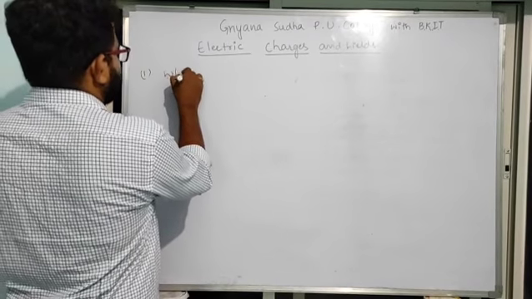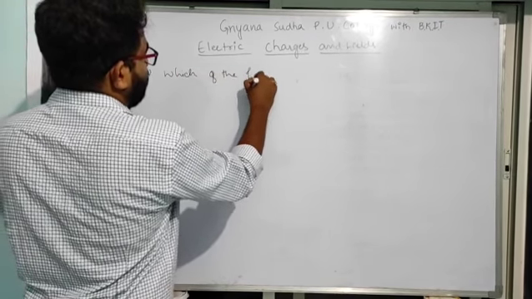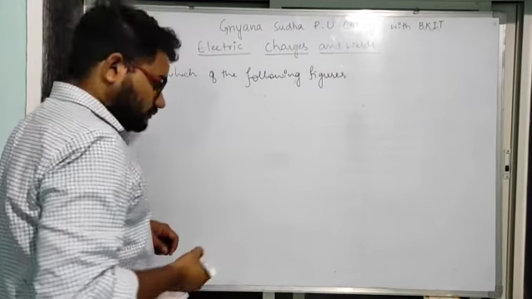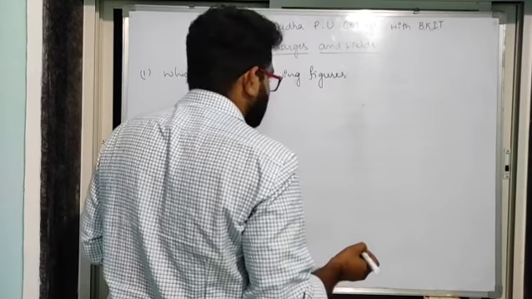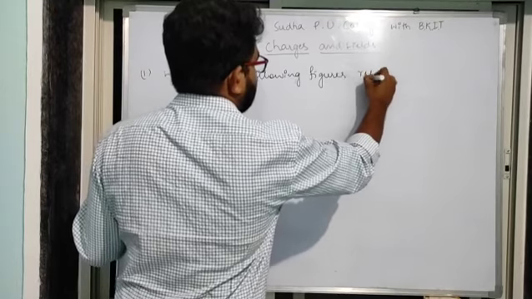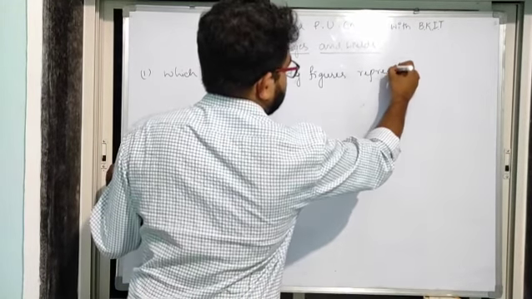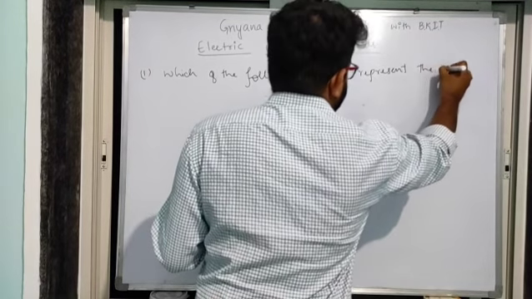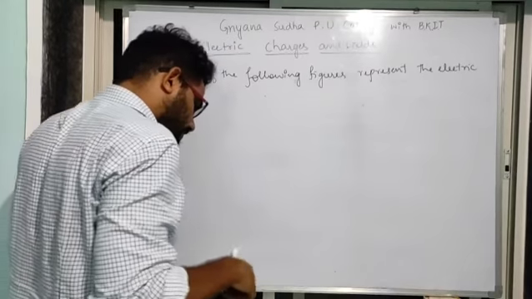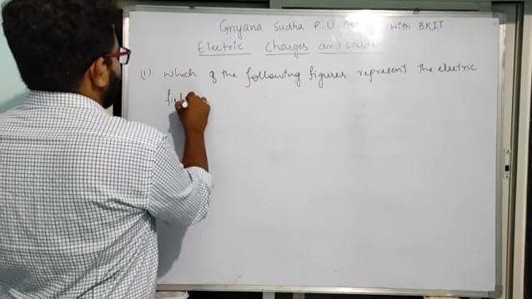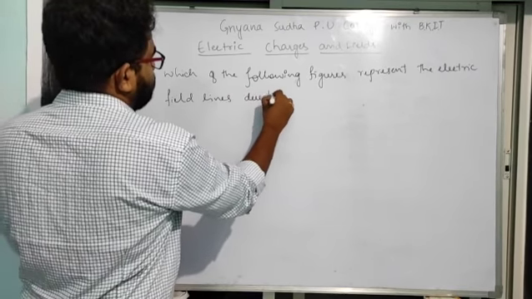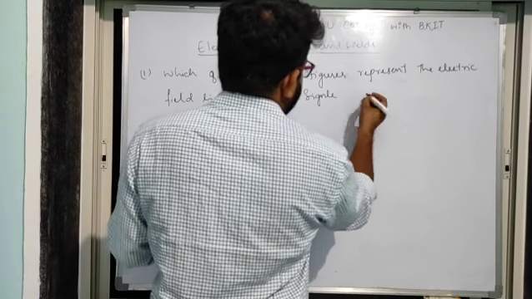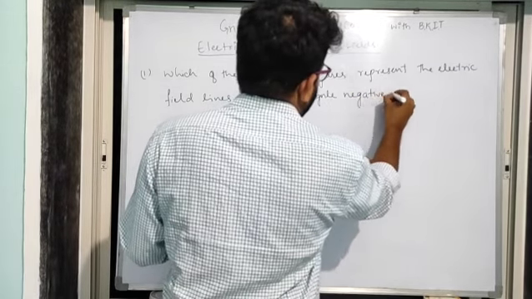Which of the following figures represent the electric field lines due to a single negative charge?